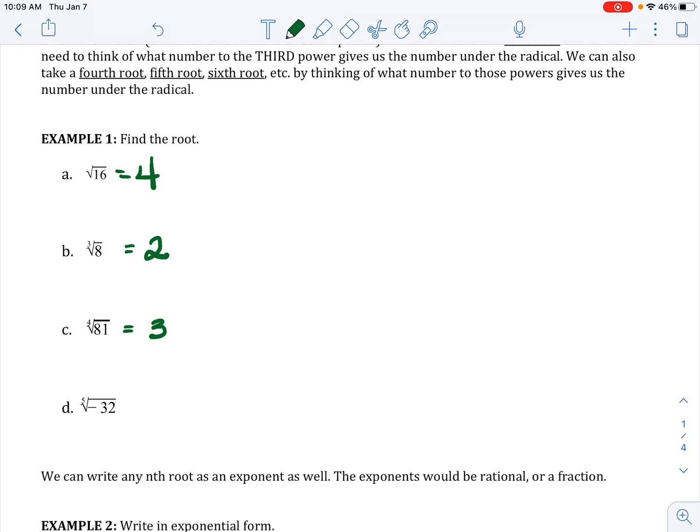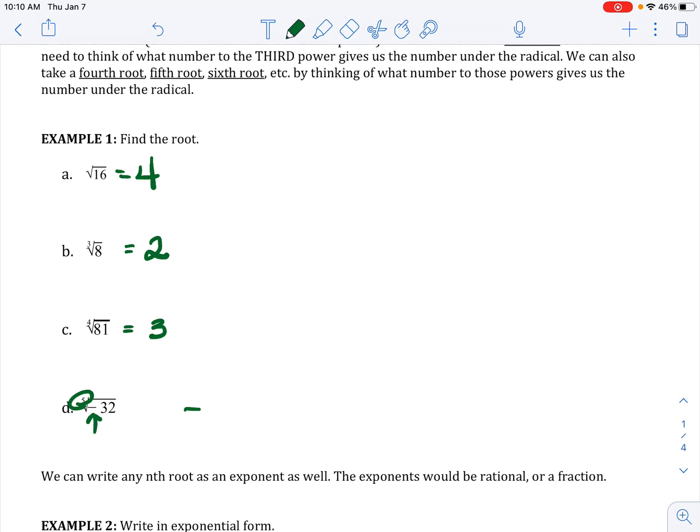I didn't do any fifth roots. Okay, and we've got a negative in here. So when we put negatives on the inside, the only time we're going to be able to find a real root is if the exponent is odd. Why is that?